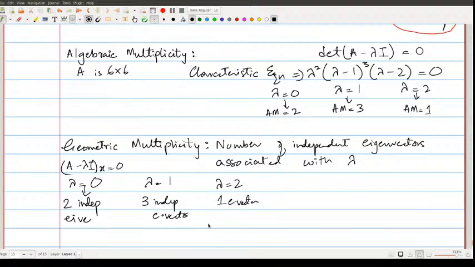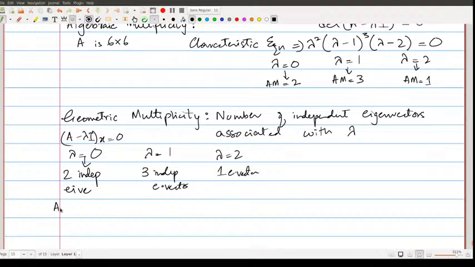So in this case, the algebraic multiplicity of each of the eigenvalues is equal to its geometric multiplicity, right? AM equals GM. The problem arises when the geometric multiplicity is less than the algebraic multiplicity.